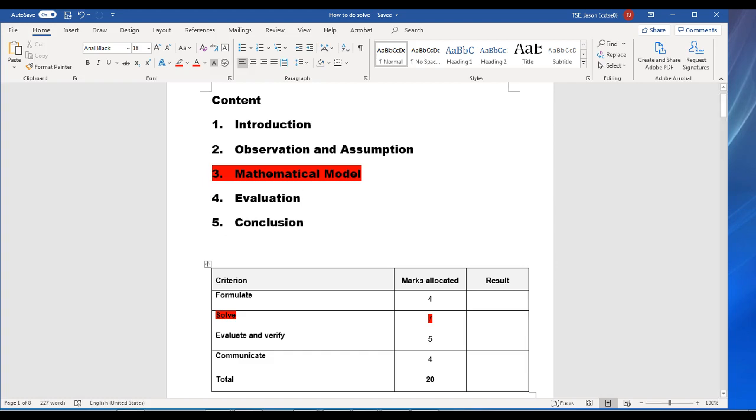And also if you don't know how to do solve parts, the mathematical modeling, that means it's very difficult for you to make sense of what are the observation assumptions in the second part, and you don't know what elements should be in that evaluation part. So that solve part is actually more important than the marks you suggest.